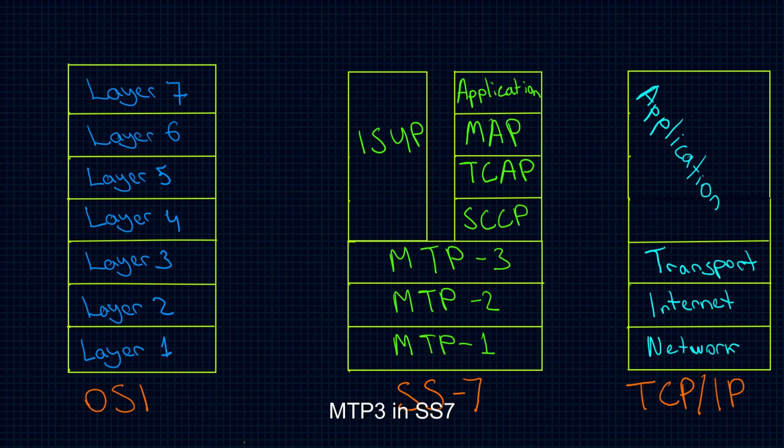MTP3 in SS7 is similar to IP in TCP/IP in routing packets, and SCCP in SS7 is very similar to TCP/UDP in TCP/IP in managing sessions and applications. And this comparison helps bridge the gap for students familiar with IP networks, making SS7 concepts more relatable.